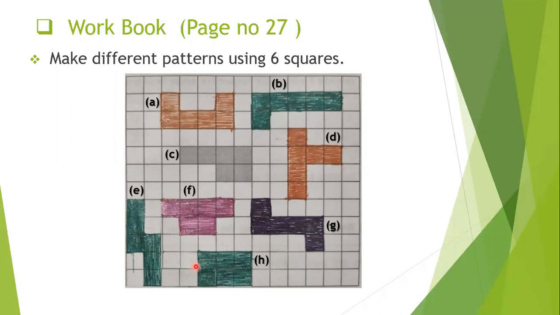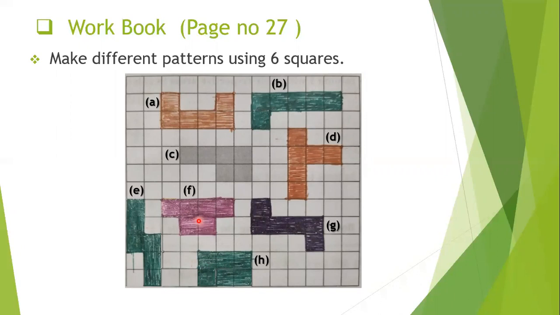And it is a rectangle of size 3 into 2, 3 centimeter length and 2 centimeter breadth. So the perimeter of the rectangle, you know, is 2 into (L plus B). So 2 into (3 plus 2), 3 is the length and 2 is the breadth. 3 plus 2 is 5, and 2 fives are 10. So the perimeter of this rectangle or this shape is 10 centimeter, which is the shortest perimeter.